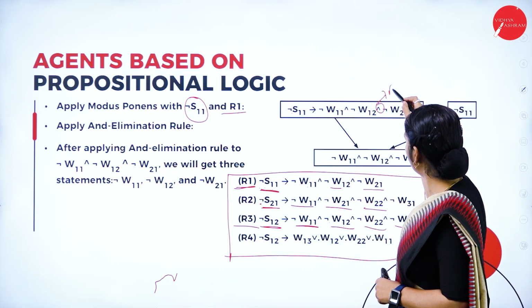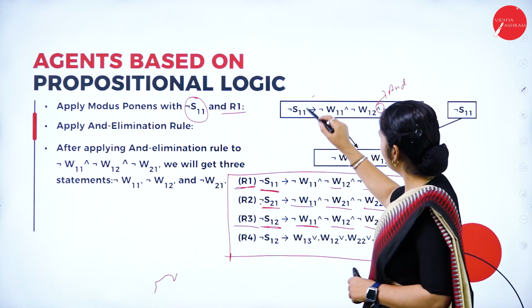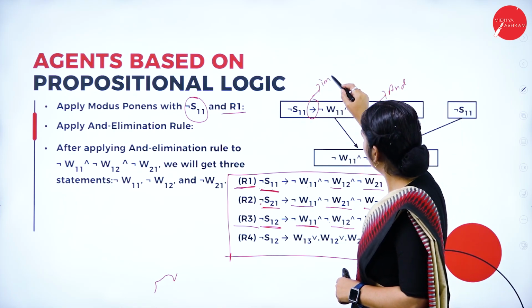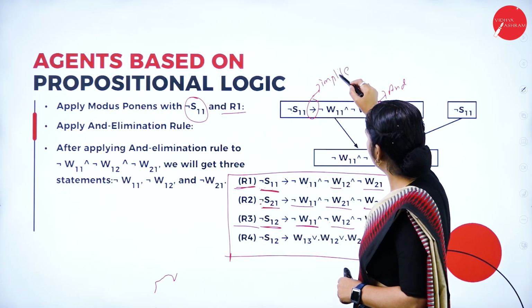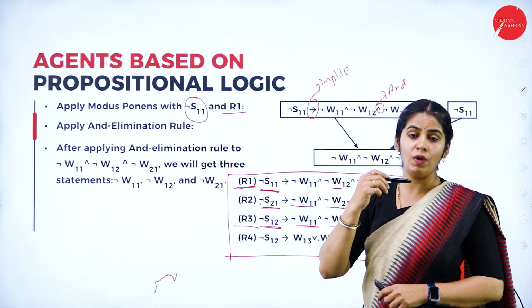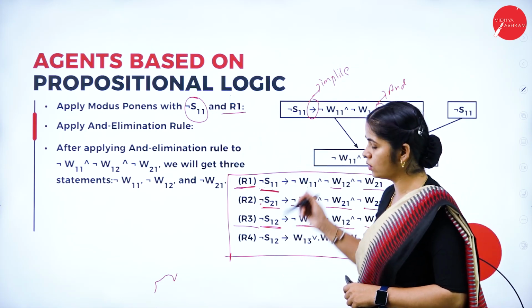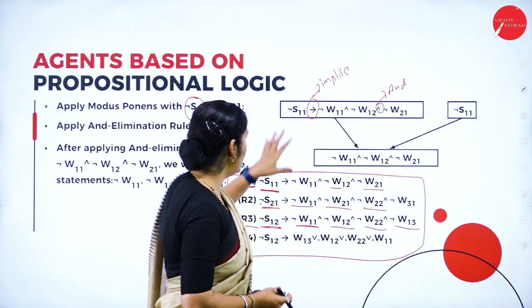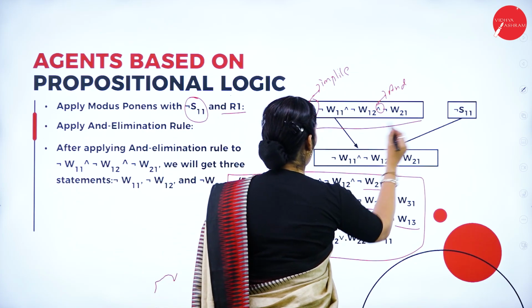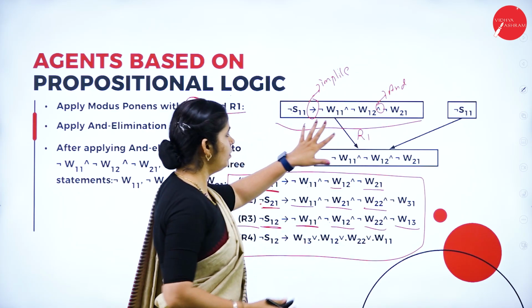This is the AND operation, and this is the implies. We have discussed what implies and the AND operation mean when we discussed propositional logic and how it works. So this particular total will be R1.